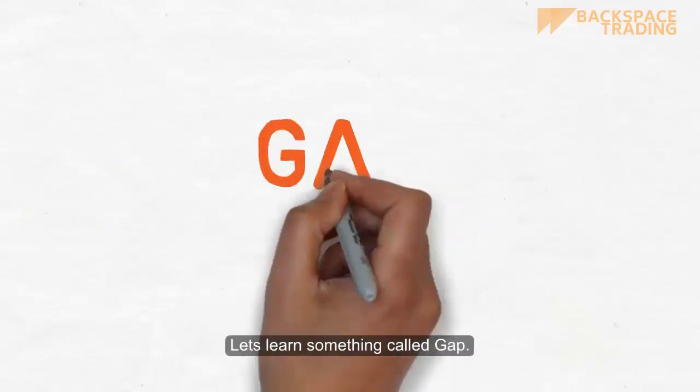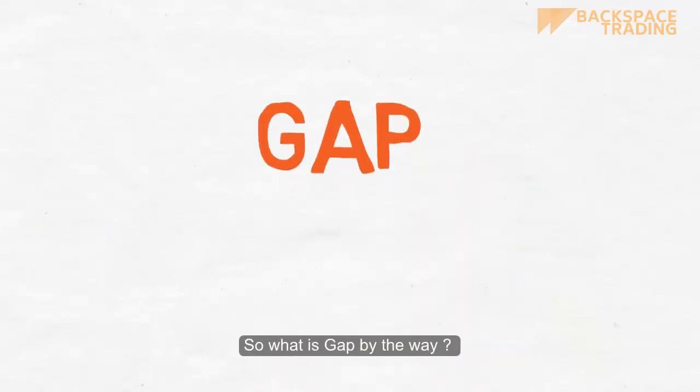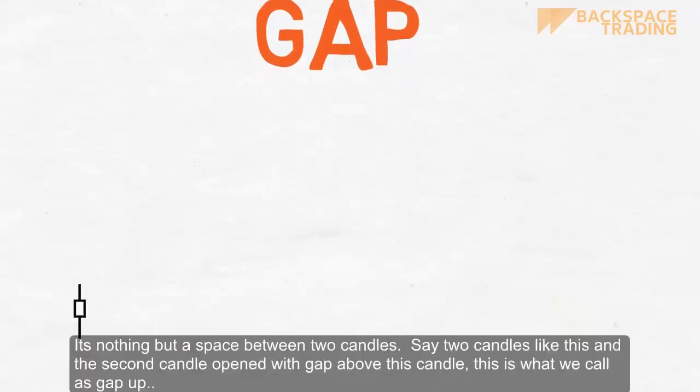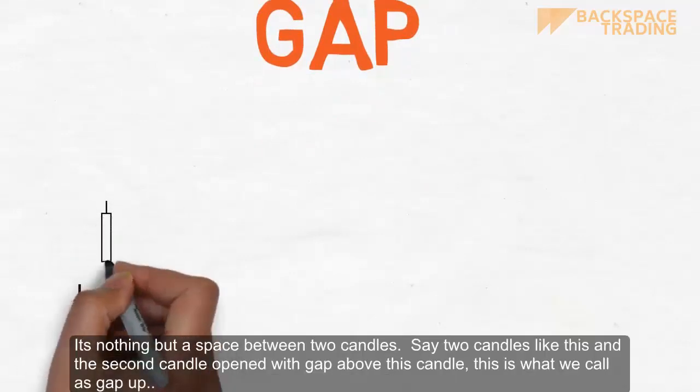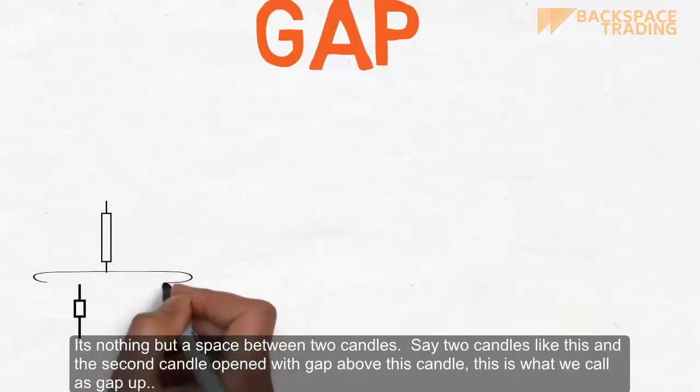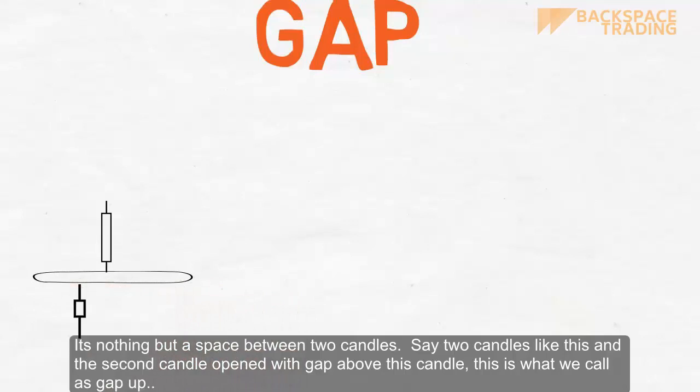Now moving on, let's learn something called gap. So what is a gap, by the way? It is nothing but a space between two candles. Say two candles like this, and the second candle opened with a gap above this candle. This is what we call a gap up.